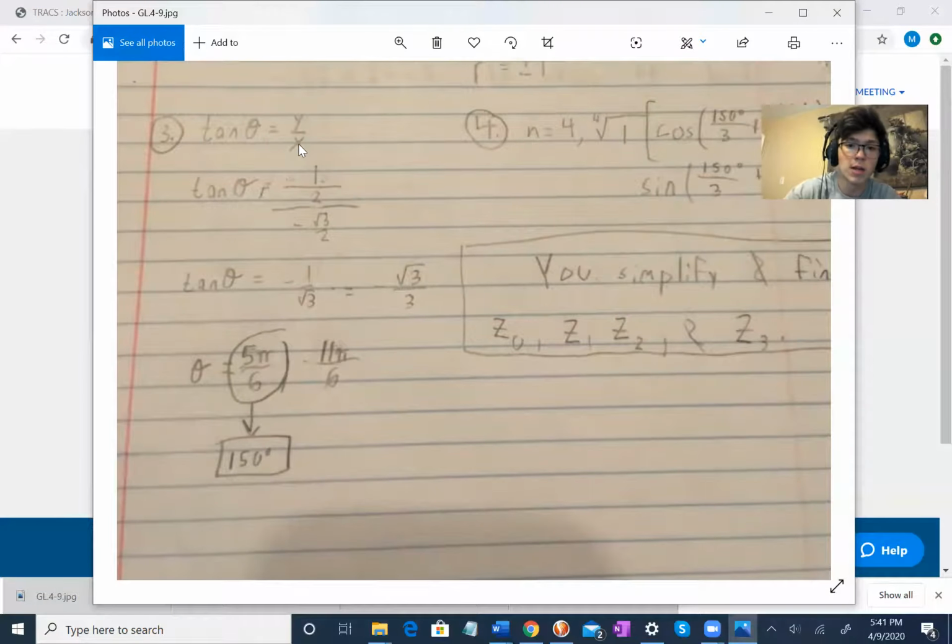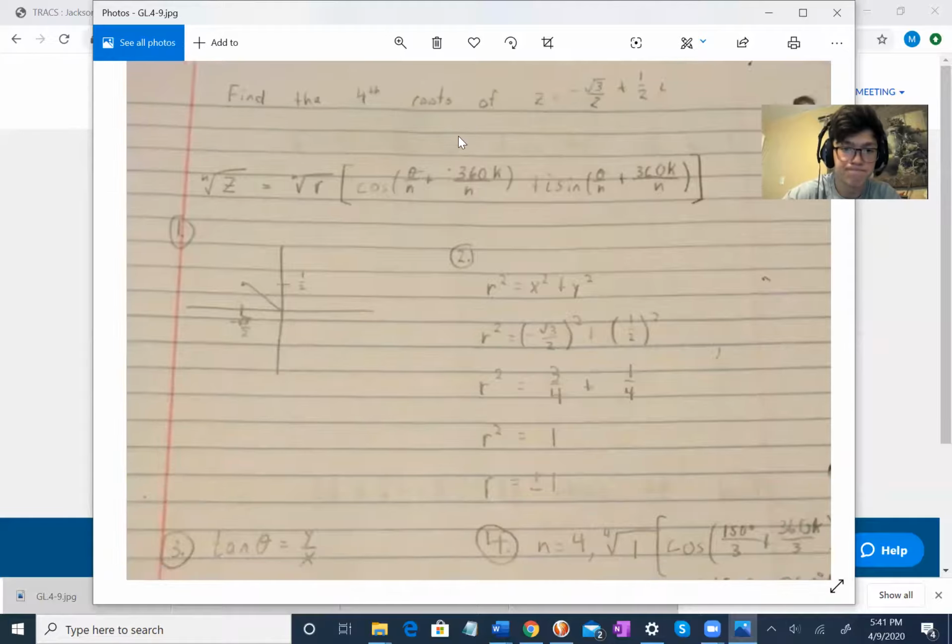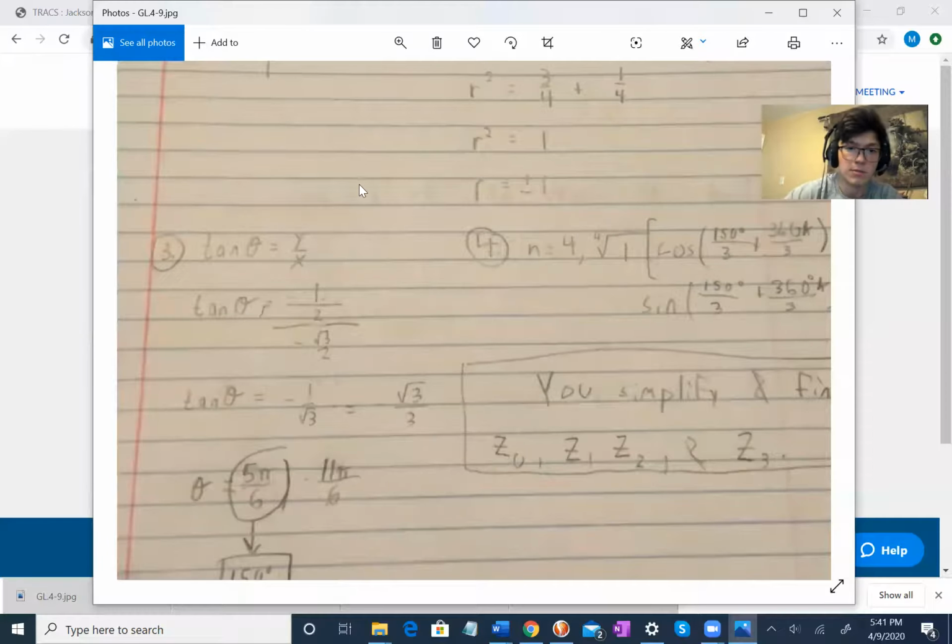Now remember from up top, this was our x and this was our y, so we can just plug those in. So here's my 1/2, and here's my negative root 3 over 2. Notice I have a 2 in the denominator here, and a 2 in the denominator here as well. Because of division, those two will just go away. That leaves me negative 1 over root 3.